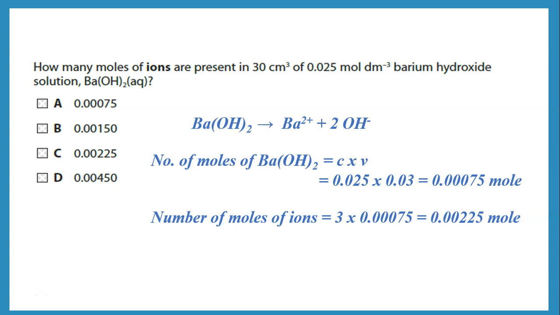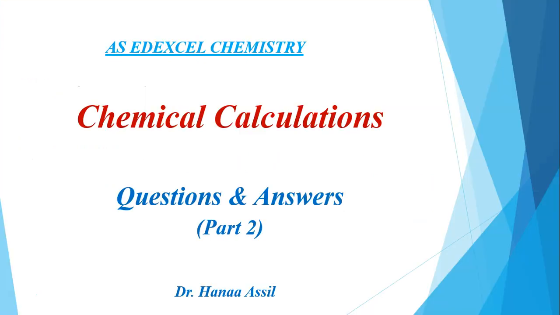So the number of moles of ions is that number of moles times 3. Of course, if the question was asking for how many ions, or the number of ions, then I would go on and multiply that number of moles of ions by Avogadro's constant.